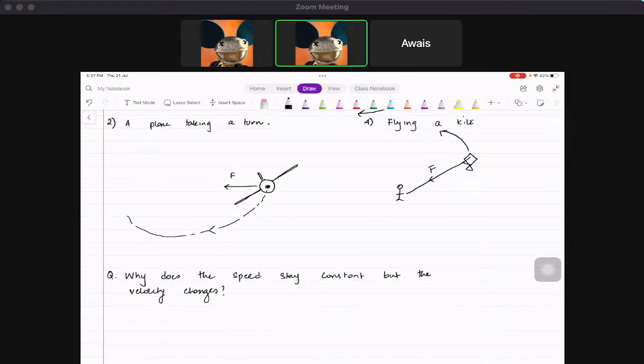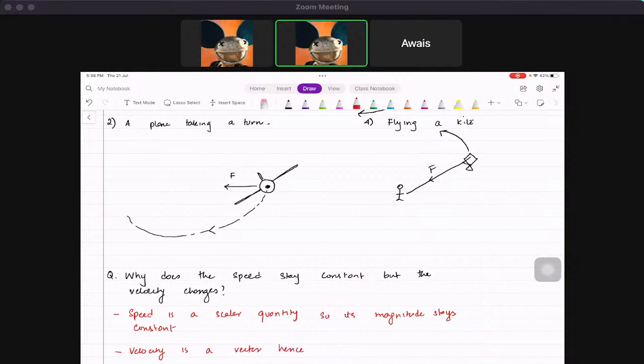So what we're going to write is, speed is a scalar quantity, so its magnitude stays constant, and velocity is a vector.